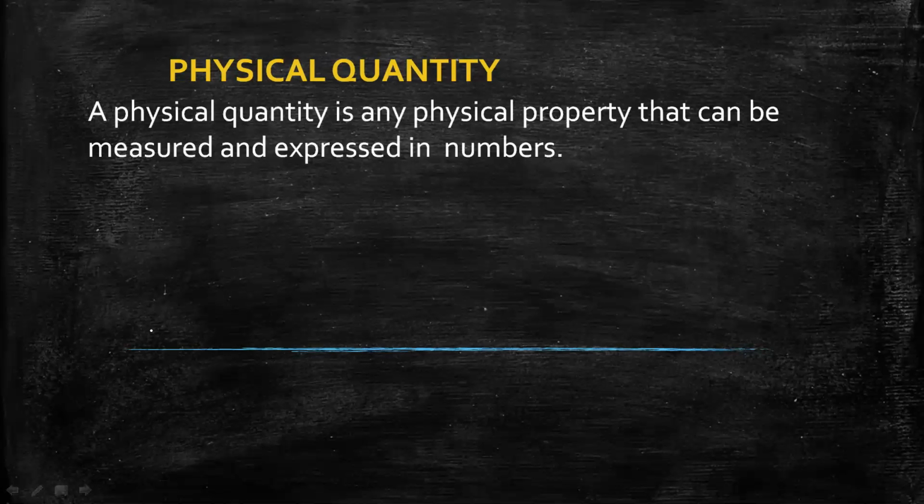I can say a comparison, okay, you are good looking, you are handsome, but I can't measure your beauty and express it in terms of a number. Even though that is a property which describes you, that cannot be measured and expressed in terms of a number. So physical quantities means those are the properties which can be measured and expressed in terms of a number.